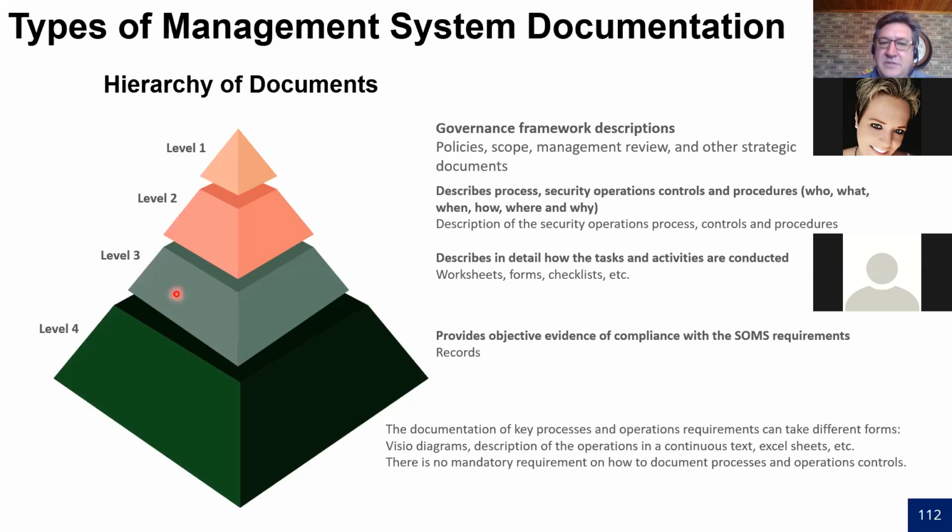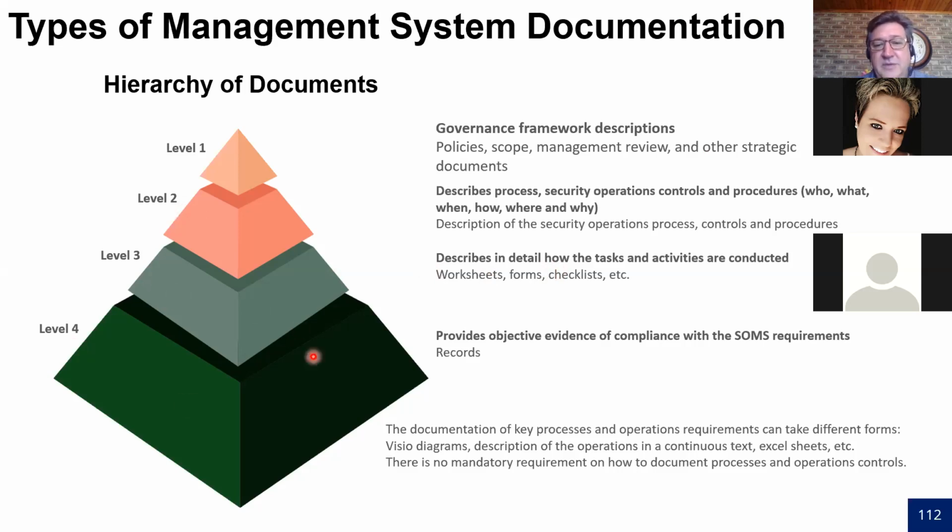Level 3 documents is speaking about the description in detail how the tasks and activities are conducted. And we are speaking here about worksheets, forms, checklists, attendance lists, anything that you can use to actually describe the detail, even specifications, anything that you can put in there.